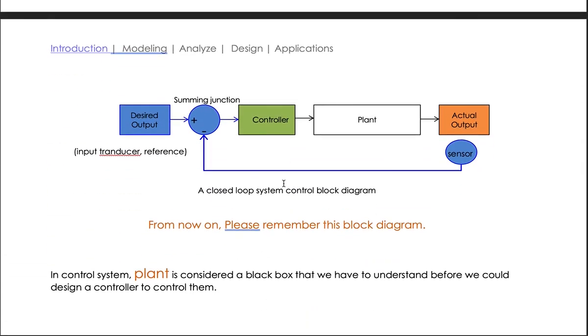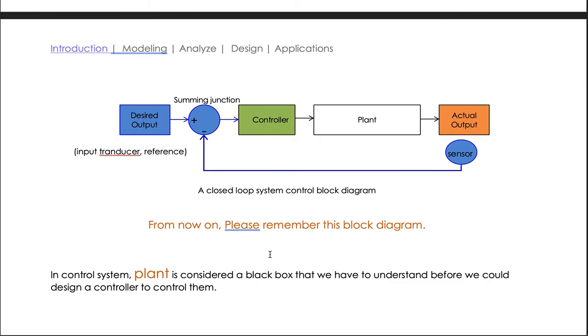Okay, so basically we are focusing on this plot diagram here, the plant here. Whatever physical system that we have, we have to convert or transform it into a math model so that we can do further analysis of this, and then we could design a closed loop controller so that we can control the output response.